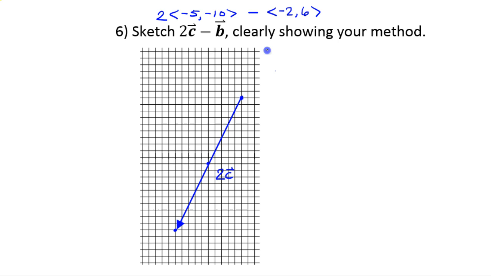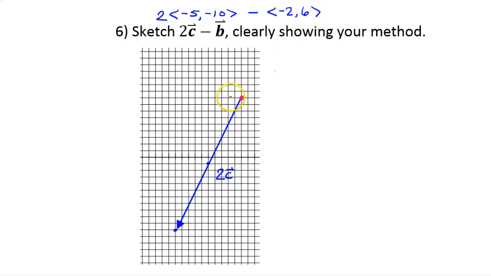Alright, now it's time to draw the vector b. When I'm subtracting, I put my vectors end to end. So my initial point for vector b is going to be the same point I used for my initial point for vector 2c. So I'm going to start from here. Now vector b, negative 2, 6, means left 2, up 6.